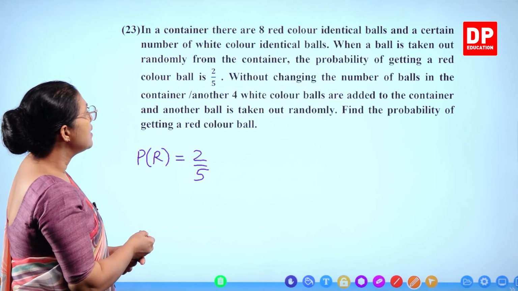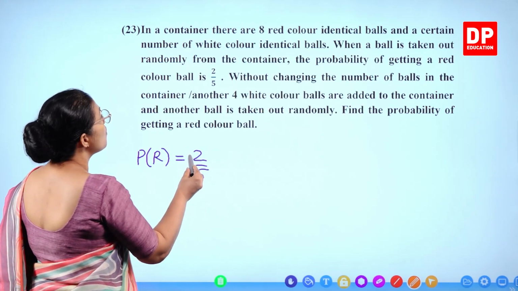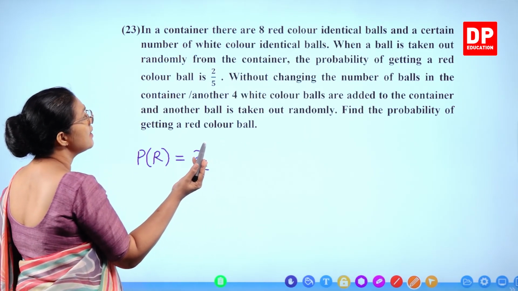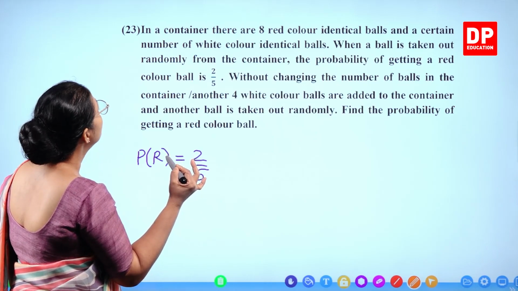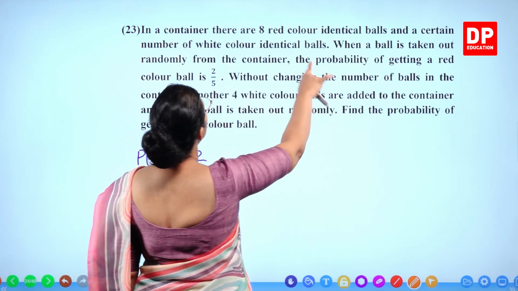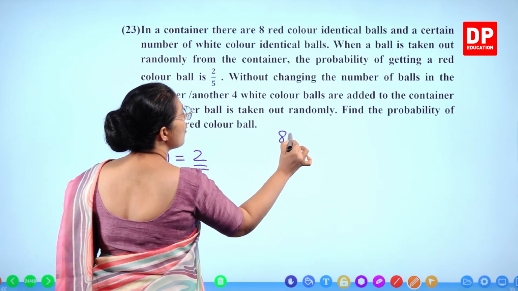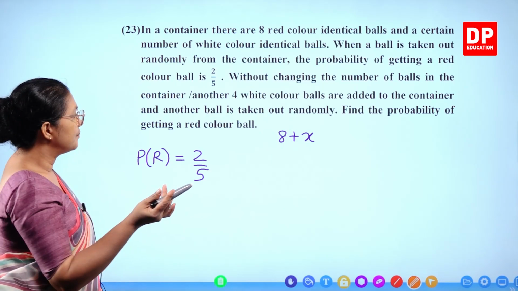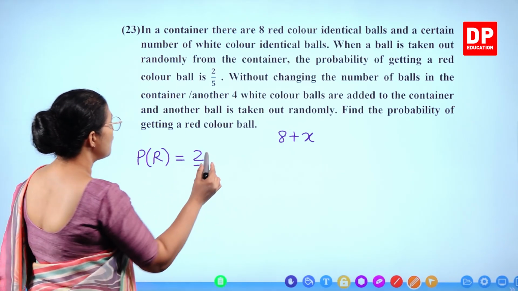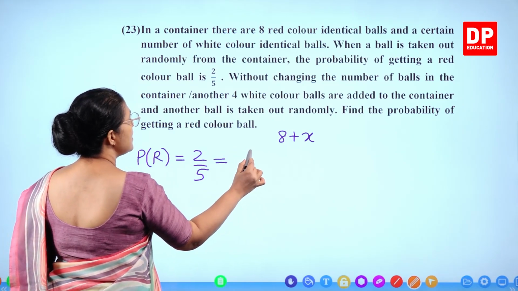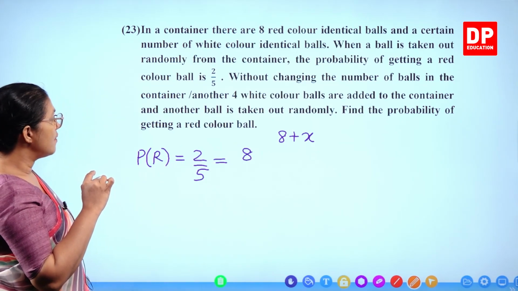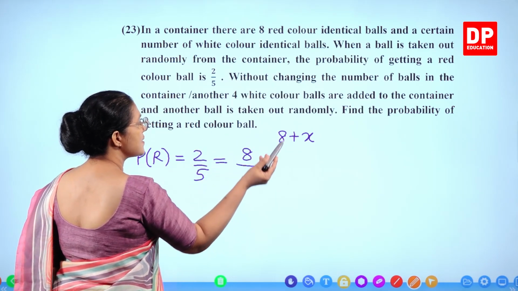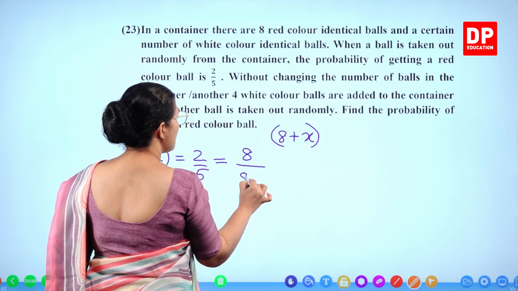So we'll take this one is 2/5 and we'll take x number of white balls. Here it says 8 red balls, x number of white balls are there. So altogether 8 plus x. So if you are writing this one, 8 red balls over the total number of balls. 8 plus x is the total.